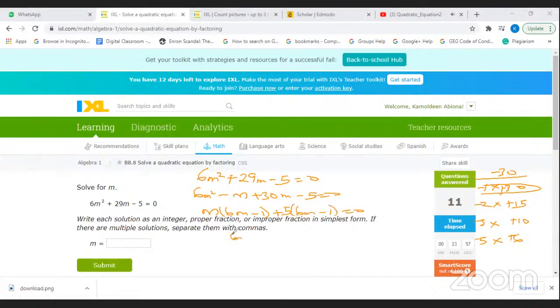So 6m minus 1 is common, and then m plus 5 is the remaining one. So 6m equals to 1. m equals to 1 over 6, or m equals to minus 5. So minus 5, comma 1 over 6.